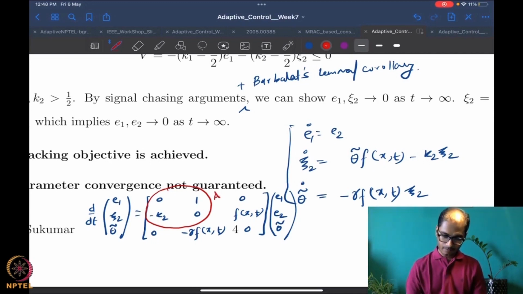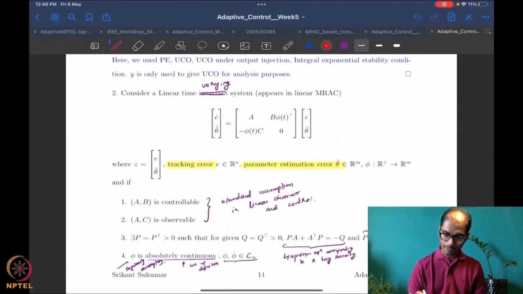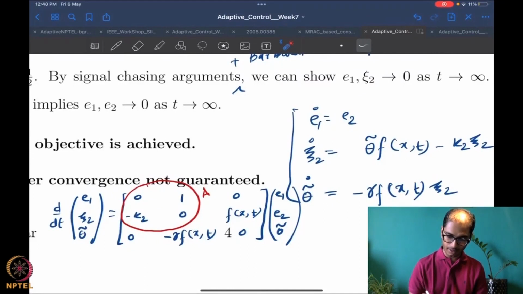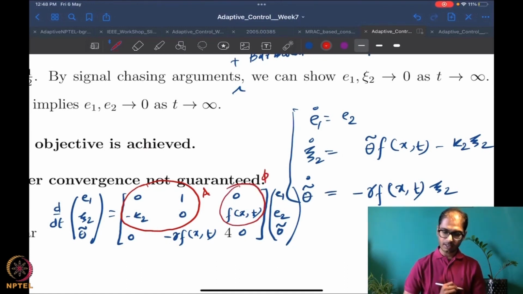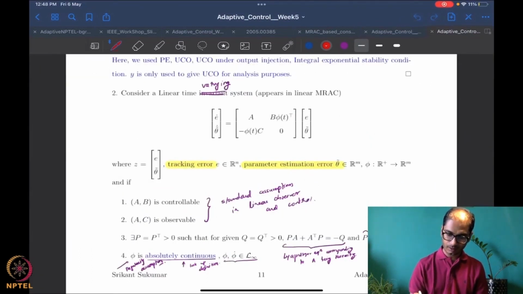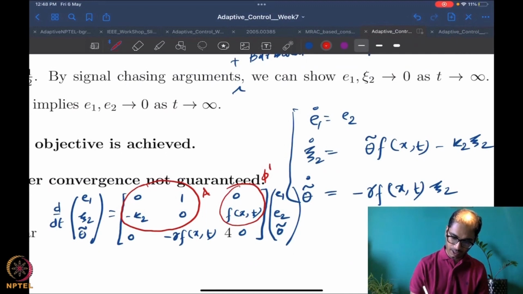Then you have this as 0, same, and then you have the connection to the theta tilde via this phi. Your phi is in fact this piece. I guess this is what you call phi transpose.